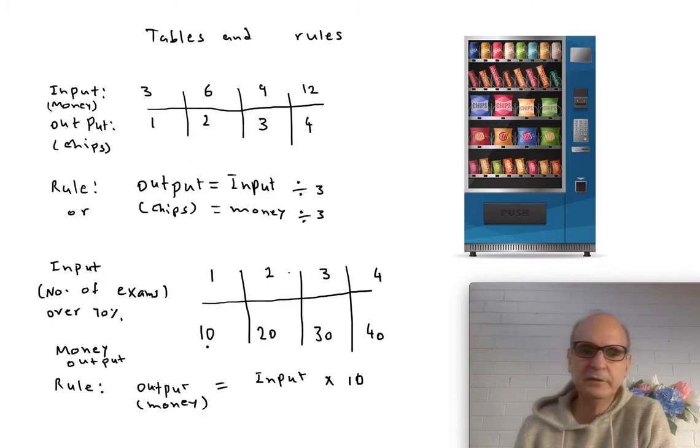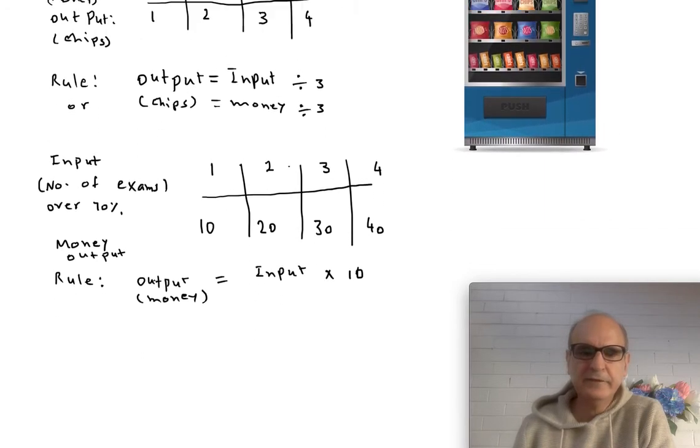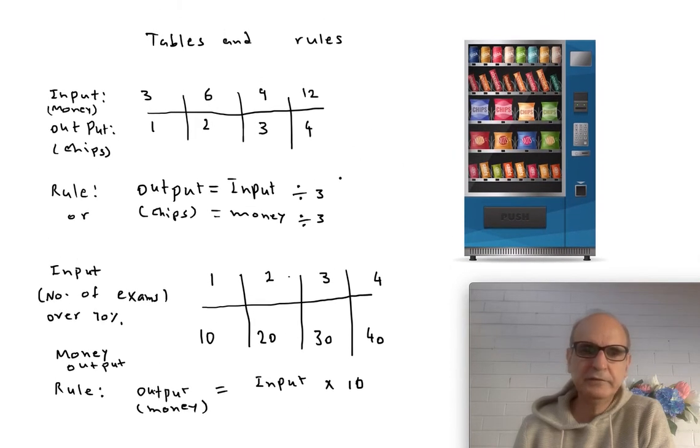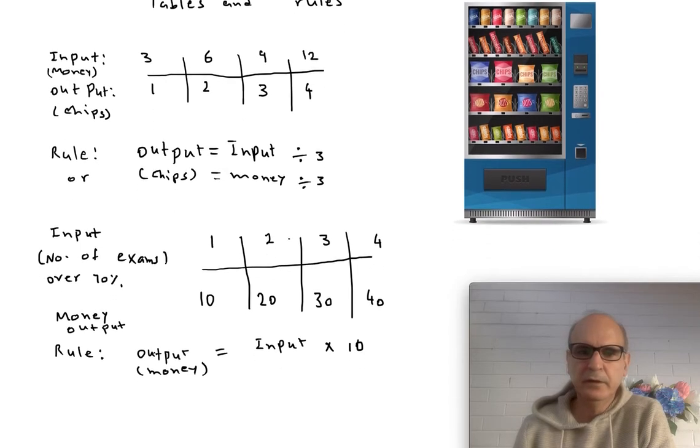So 1 times 10 gives you 10, 2 times 10 gives you 20, 3 times 10 gives you 30, and 4 times 10 gives you 40. That's how, for any given case, we make a table of values and we find the rules.